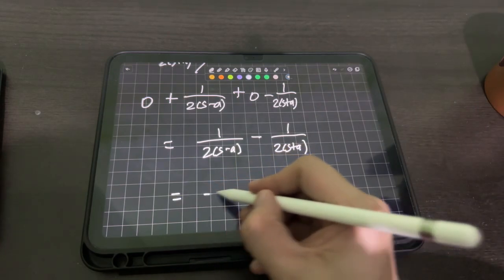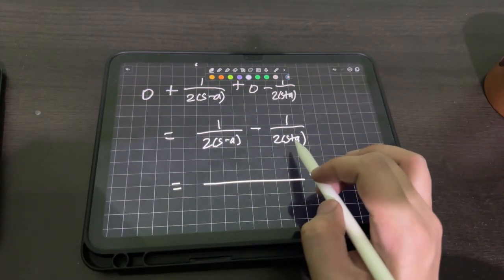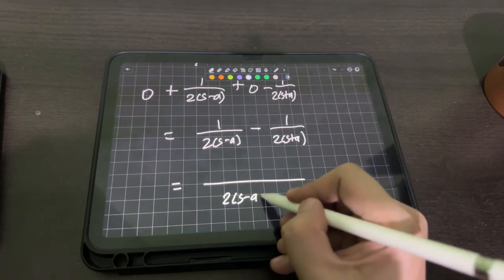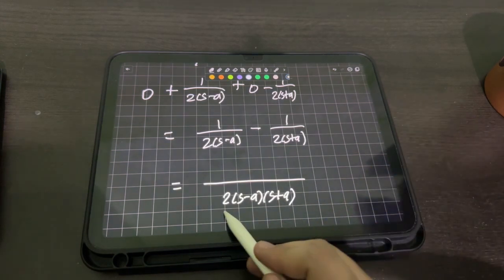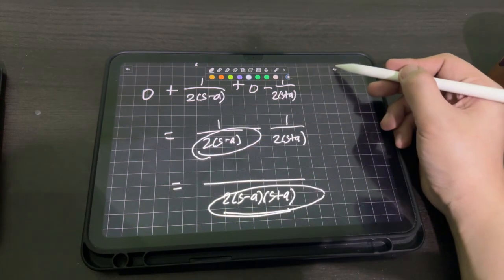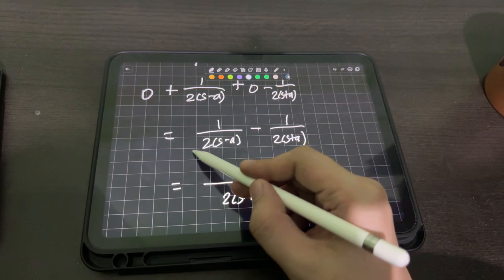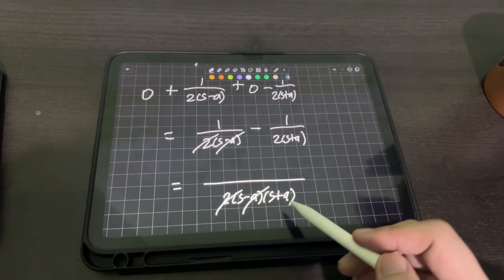So what is the LCD of 2 times quantity s minus a and 2 times quantity s plus a? It's 2 times s minus a times s plus a, right? So divide this LCD first by the denominator of the first fraction, 2 times s minus a. You can cancel out this 2 times s minus a. You are left with s plus a.